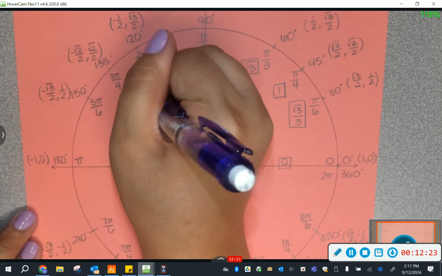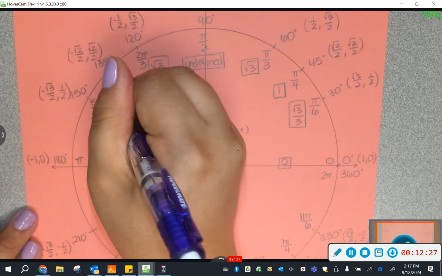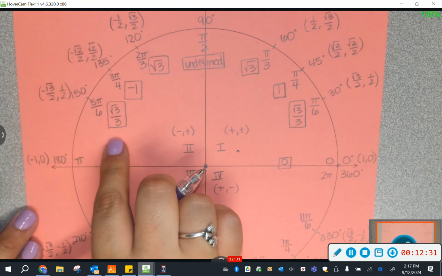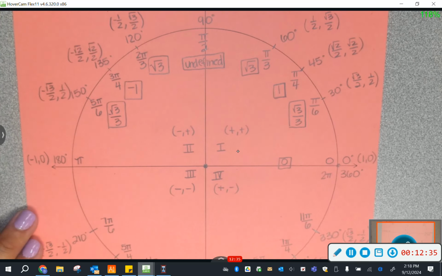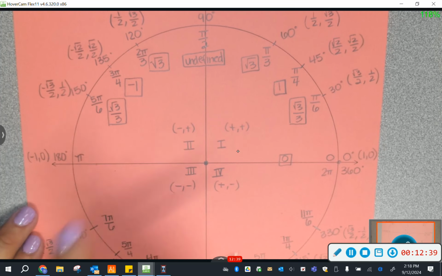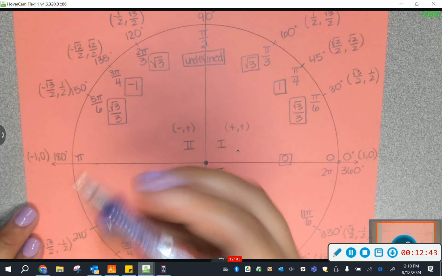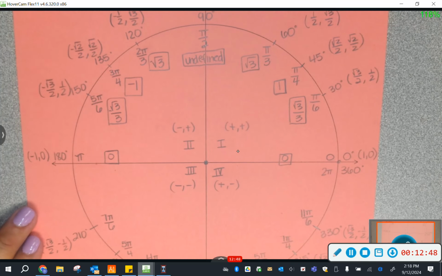Negative 1. And the tangent of 5 pi over 6? And again, all the ones that are divided by 6 will have square root of 3 over 3, and it's going to be negative. What about the tangent of 180 or the tangent of pi? 0, it's a flat line that's horizontal, 0 slope.